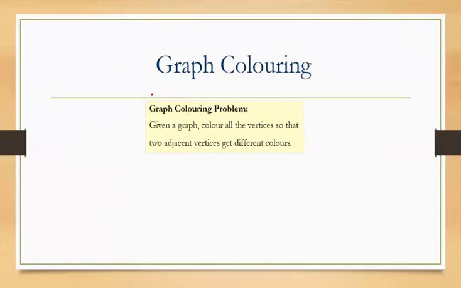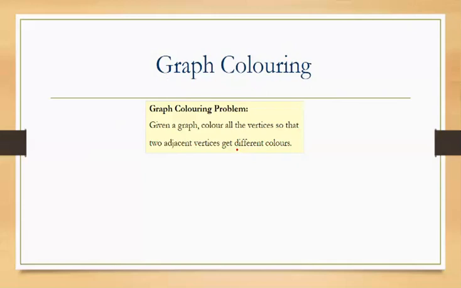A coloring of a simple graph is the assignment of a color to each vertex of the graph so that no two adjacent vertices are assigned the same color, or you can write it as two adjacent vertices get different colors.